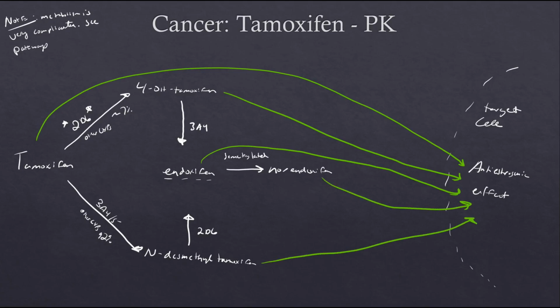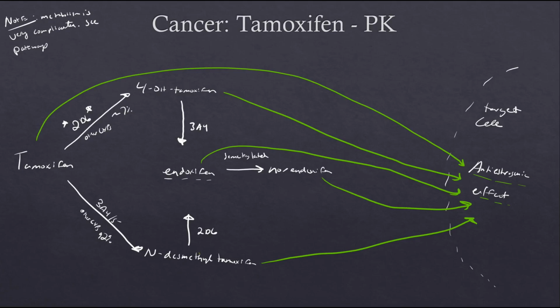So this is why this metabolism pathway is actually pretty important, because although they don't have the same degree of potency of being an anti-estrogenic compound, each of these compounds, 1, 2, 3, 4, and 5, have actual anti-estrogenic effects. So really interesting metabolism.